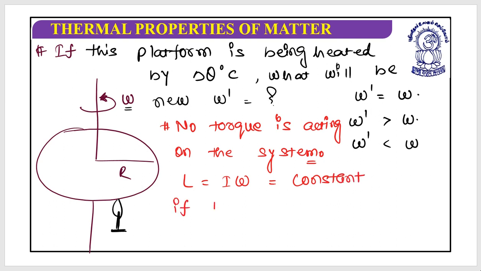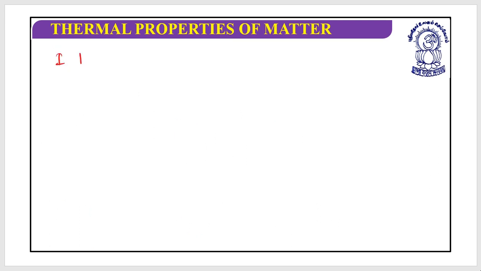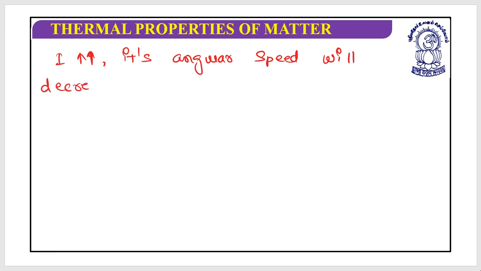So if temperature increases, I, that is what we call the moment of inertia, increases, and so if I increases, its angular speed will decrease. It is as simple as that.